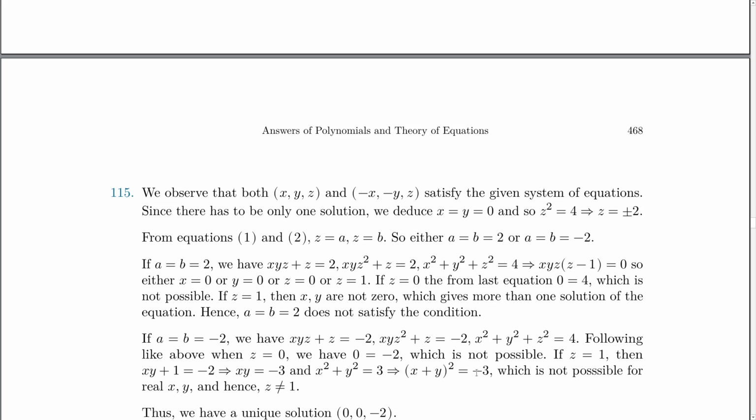So that is also not possible. So following these conditions, we see that we have only one unique solution, which is 0, 0 and minus 2. So that would be minus 2.